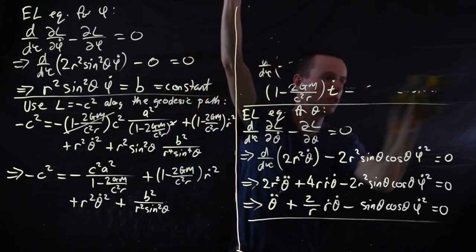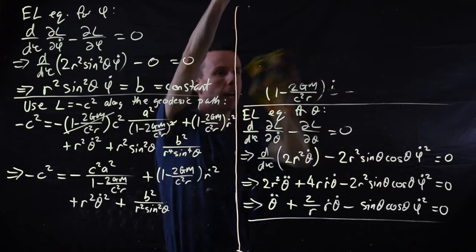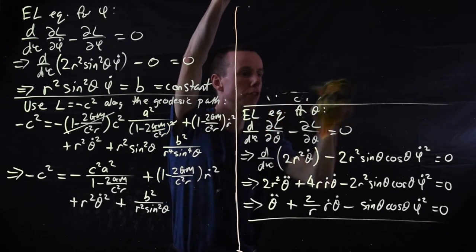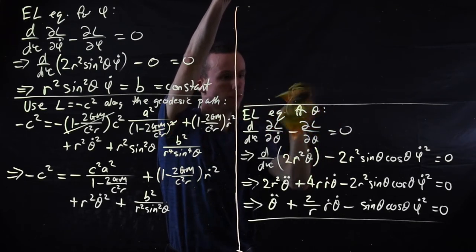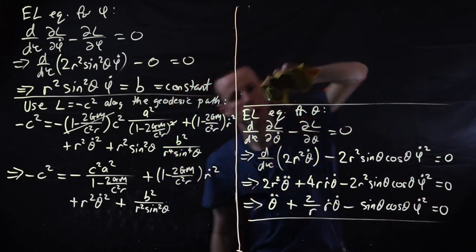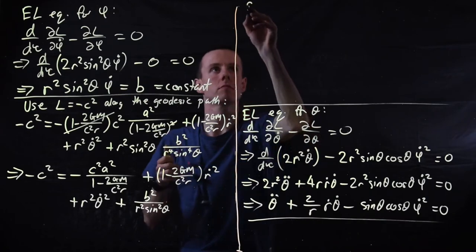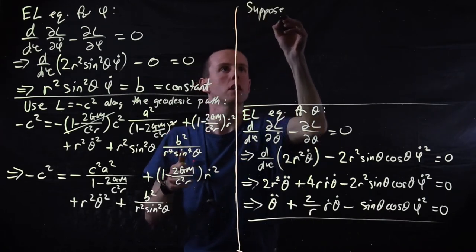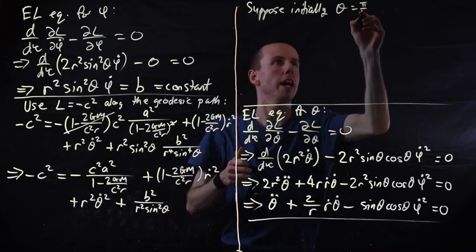So at this point, we're going to pick a particular value of theta for the planet to move in. Remember theta is like the polar angle. So you can choose initially theta equal to pi over 2.